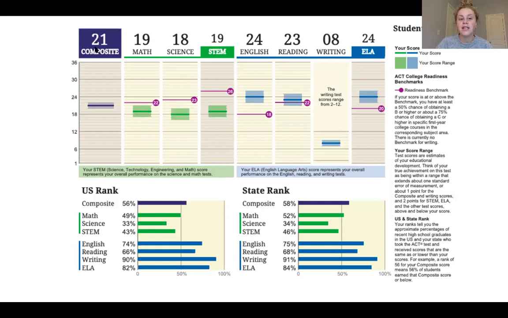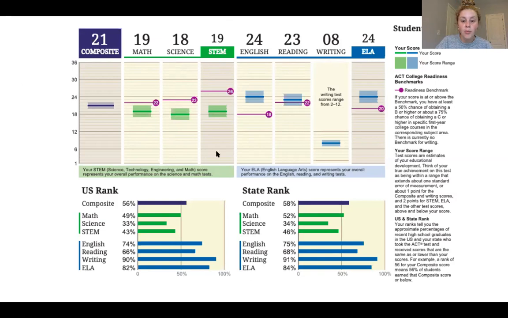That 21 composite number is the median number of all of these categories of the ACT. When you took the ACT test, you had a math, science, English, and reading section, and that 21 is that middle number of the scores that you got for each of those categories.